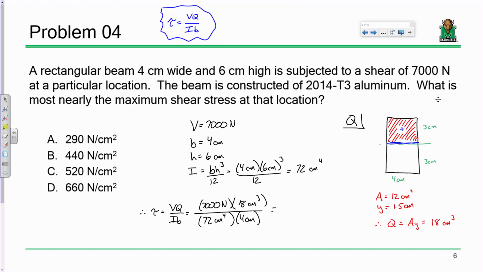And so what does that come out to be? Most nearly, 440.